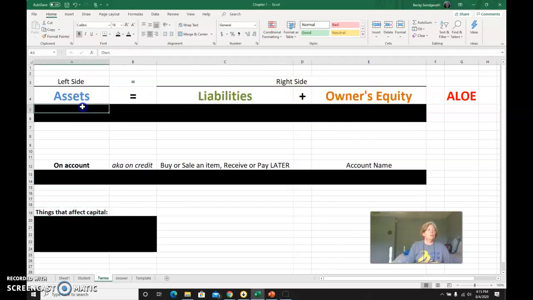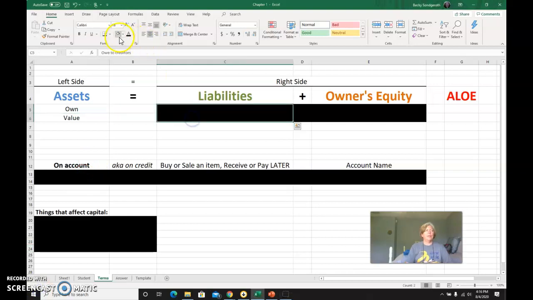And just to remind you that assets, defined, are things that you own and they have value. So if I sell them, they have value, I own them. And liabilities are things that we owe, and we owe them to creditors.